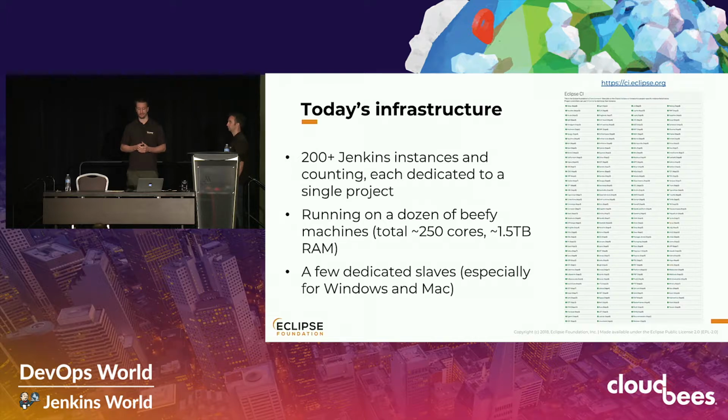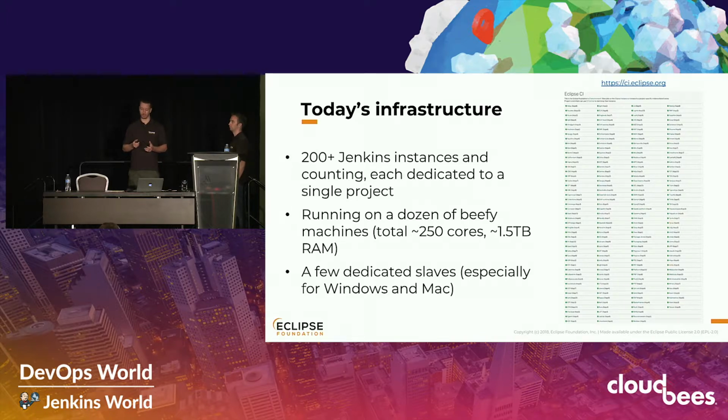They run on a dozen quite powerful machines, with about 10 to 25 Jenkins instances running on a physical machine, just bare metal, and this was quite easy to set up, but it had some limitations.